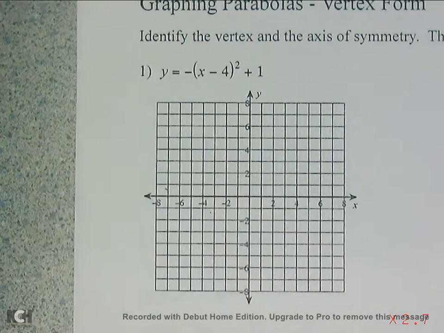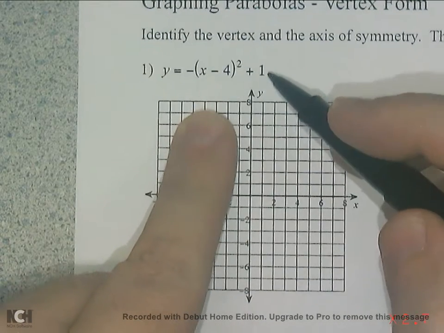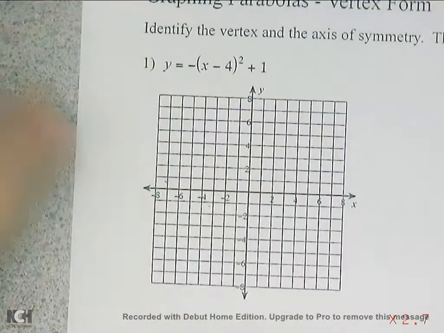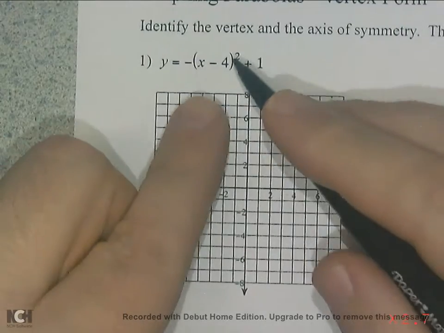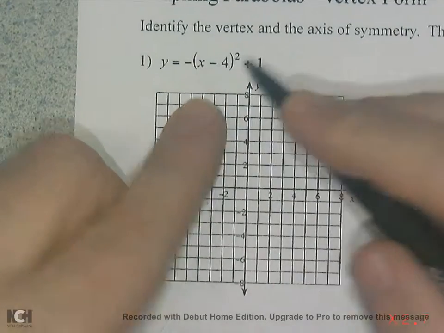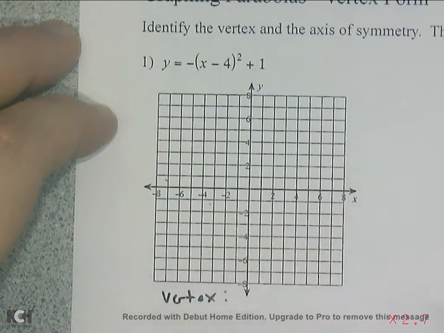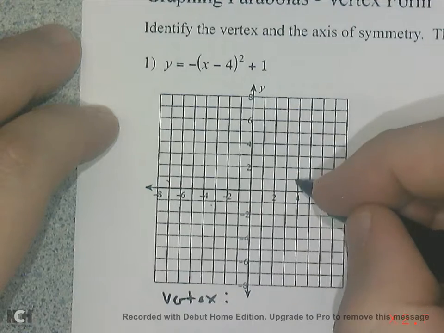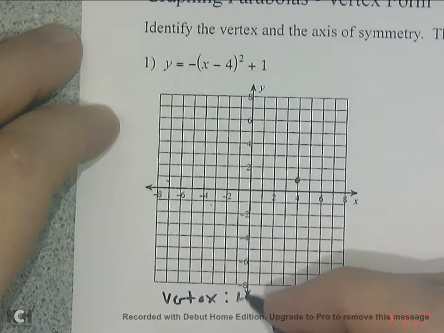So this is going to shift it to the right 4 spots, this is going to shift it up 1 spot, and this is going to flip it upside down. So this tells me exactly where the vertex is going to be. The vertex is going to be to the right 4 and up 1. There's my vertex. So it would be 4, 1.